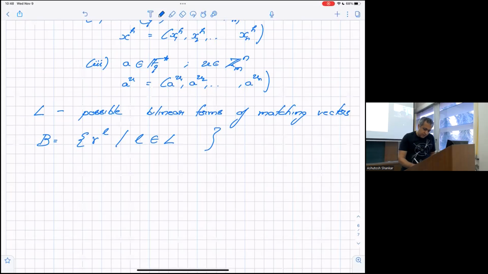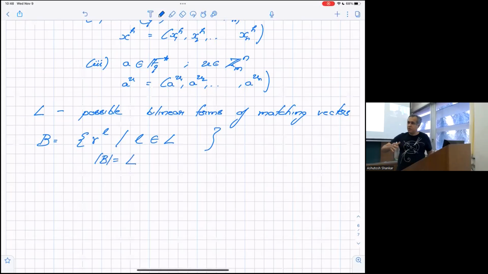Notice that the size of B is exactly the size of L plus 1, because you haven't yet hit the order, and furthermore, 1 is not in the rest because L does not have the element 0.